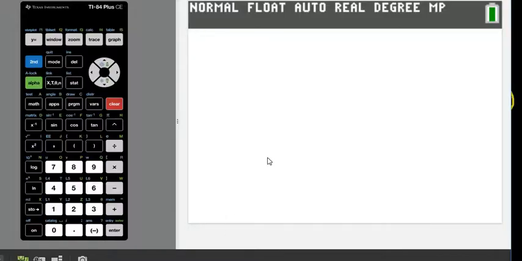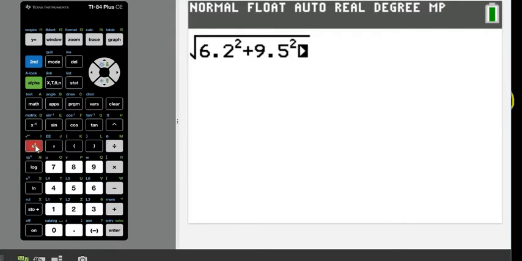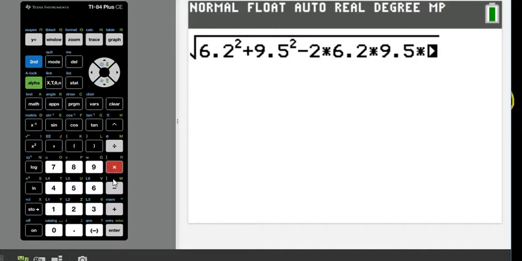So let me get my calculator, and we're just going to type in second and square root and then all of the information. So I would do the 6.2 squared plus 9.5 squared minus 2 times 6.2 times 9.5 times the cosine.